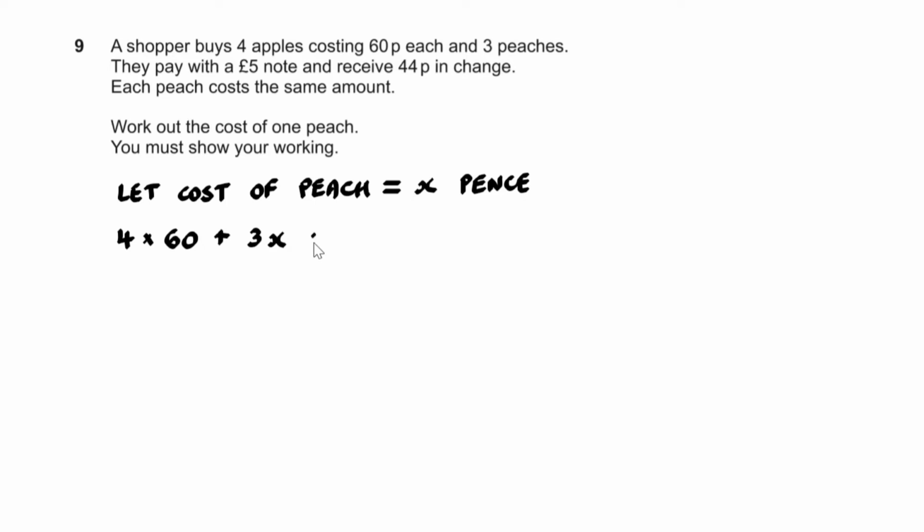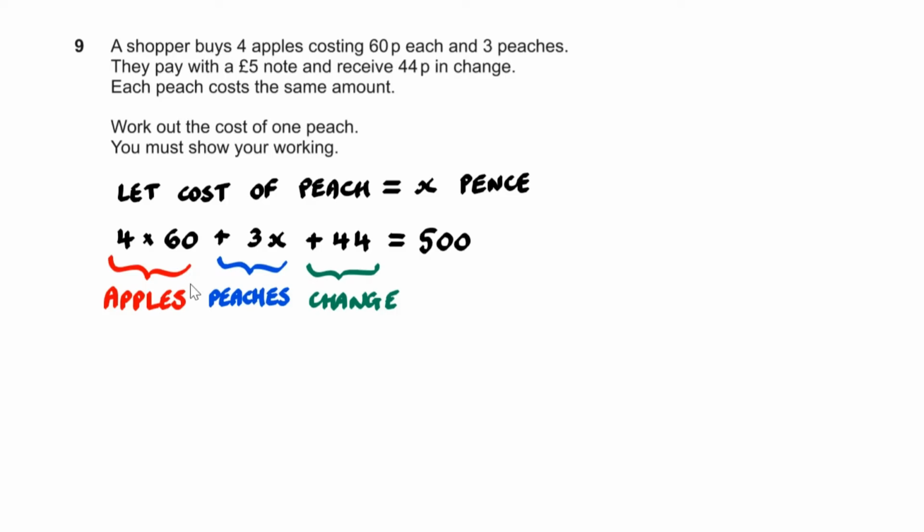And then we've also got the 44 pence in change, and in total we pay with a £5 note, which is 500 pence. So we've got the apples, the cost of the peaches and then the change that we get.